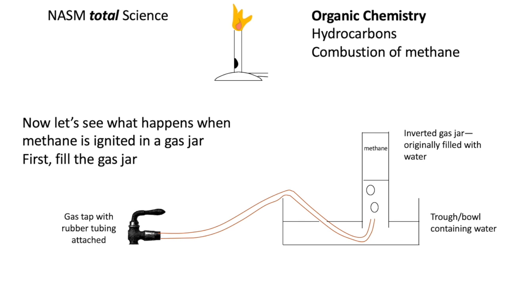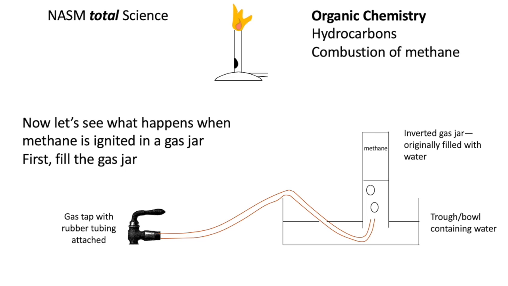And we're going to see what happens when a larger amount of methane is ignited, and we're going to use a gas jar. So just a long, tall jar, a tall form beaker would work as well.